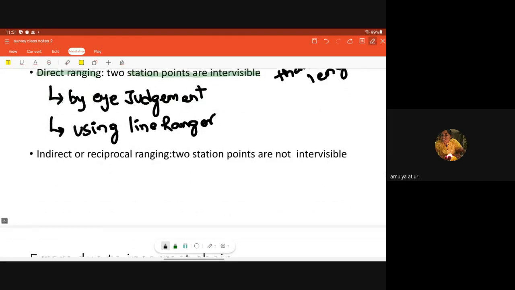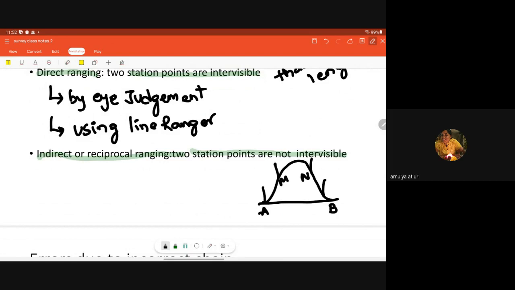If both my stations are not visible, then we go for indirect ranging or reciprocal ranging. Suppose this is the case. This is a hill, with points 1, 2, 3 and 4. These are not intervisible, right?